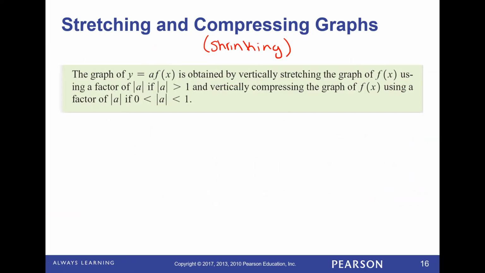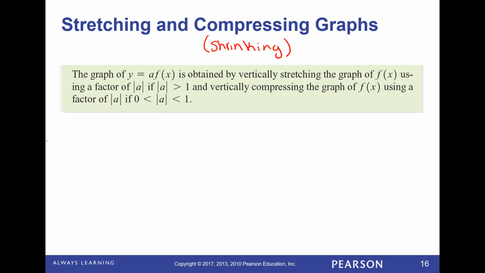We like to use the word compress because that sounds a little bit better, and that's really what we're doing, we're compressing the graph. But basically you're just shrinking it down a little bit. Most people use the word shrinking, but the actual terminology is compressing.